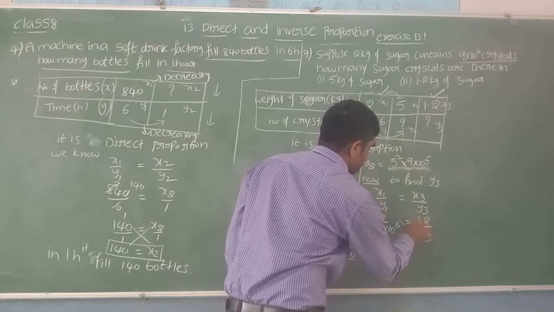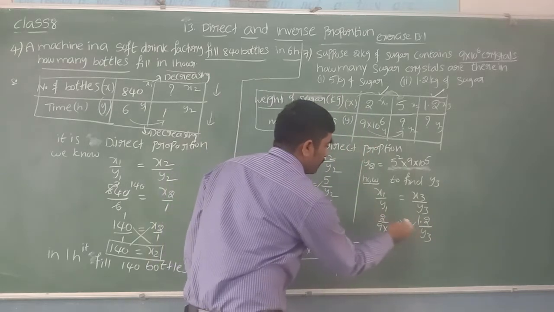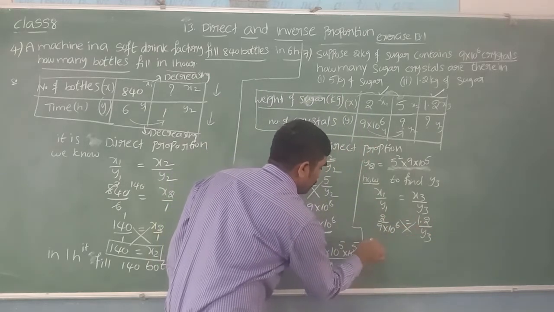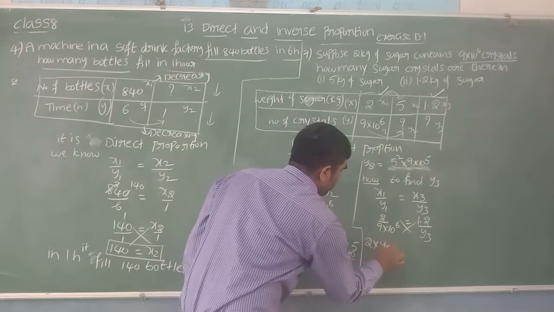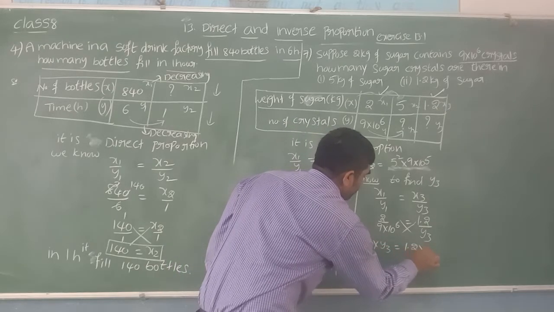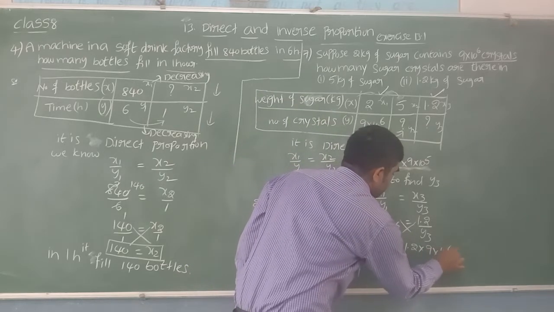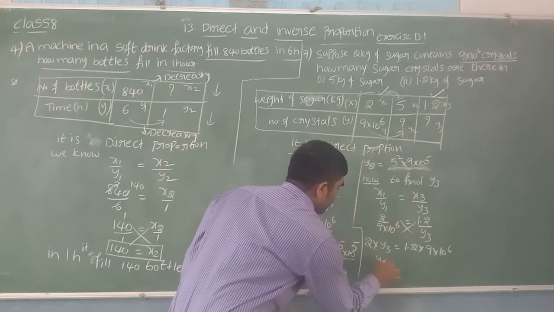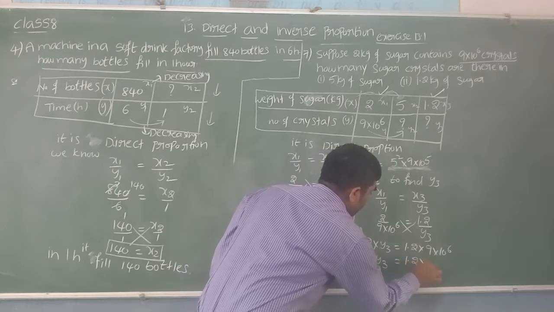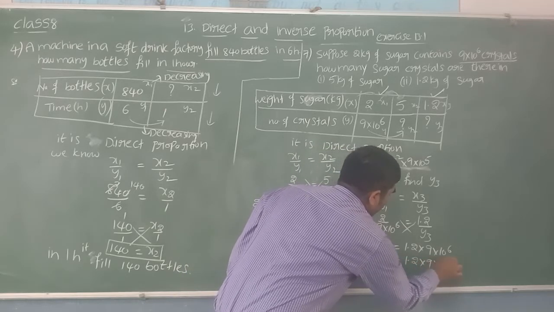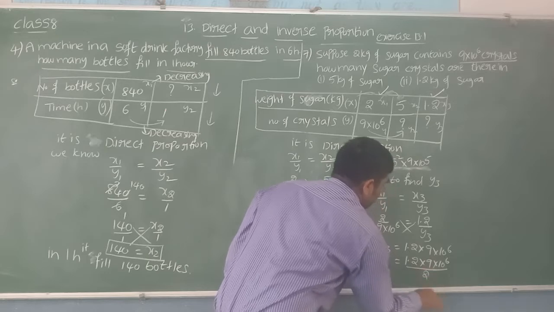You can simplify this. 2 into y3 is equal to 1.2 into 9 into 10 power 6. So y3 is equal to 1.2 into 9 into 10 power 6 by 2.